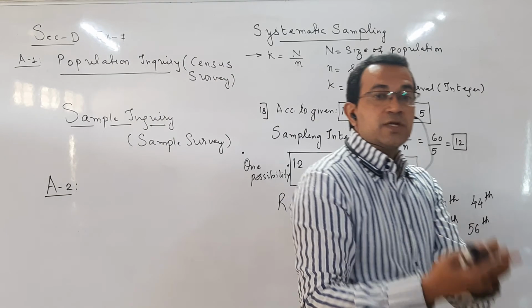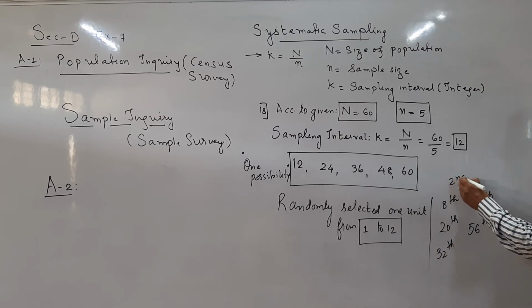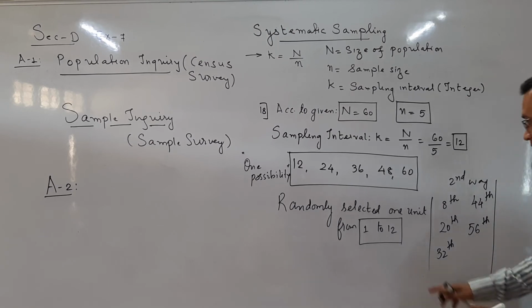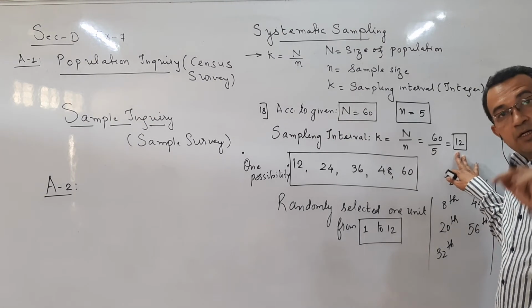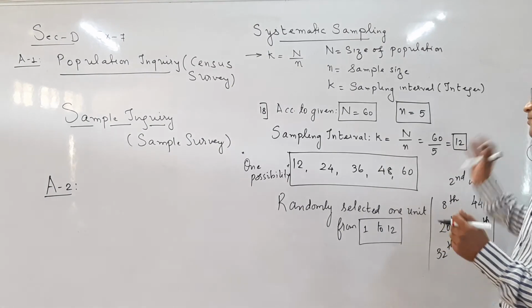Any one unit from the first 12 units, but the gap should definitely be 12. You cannot have more gap than 12. So this is the second possibility. There are multiple answers. I hope all of you understood. We are free to select any one unit from the first 12 units, but the gap must be 12.